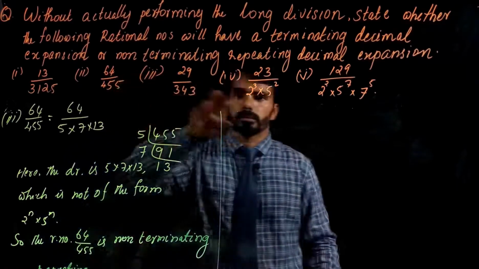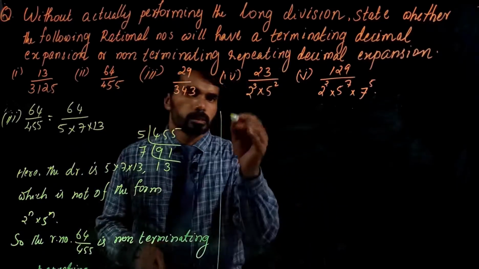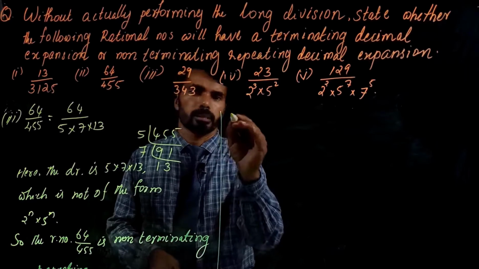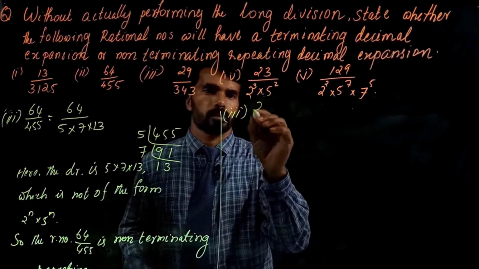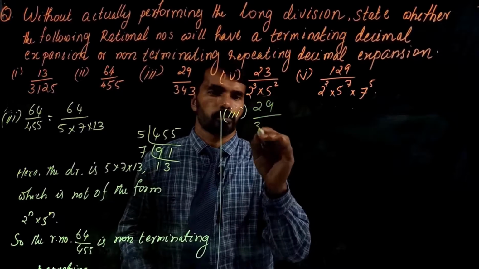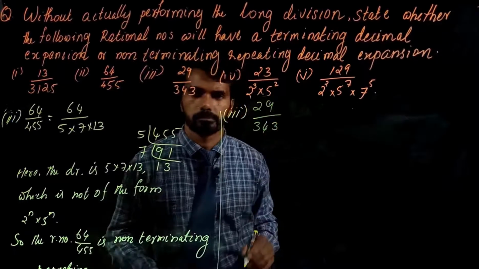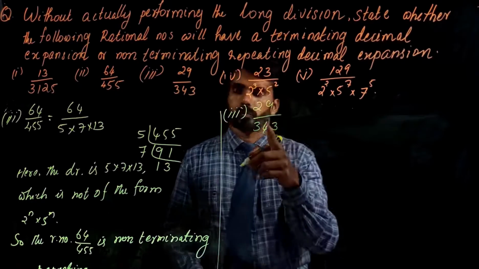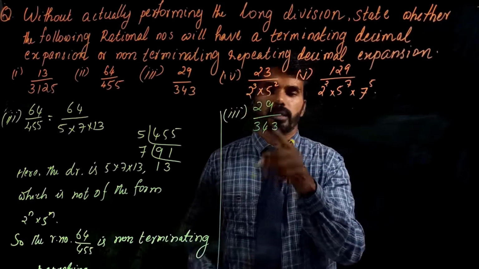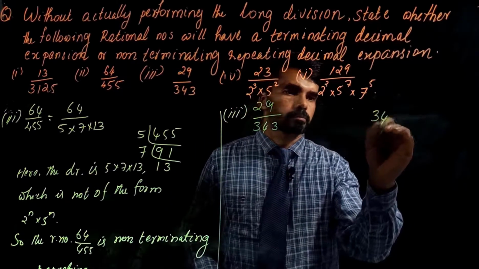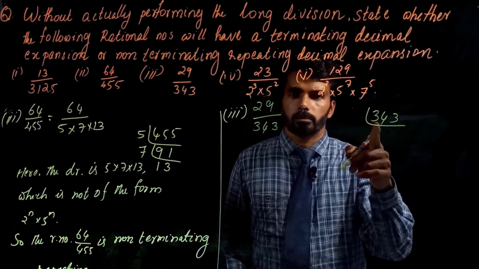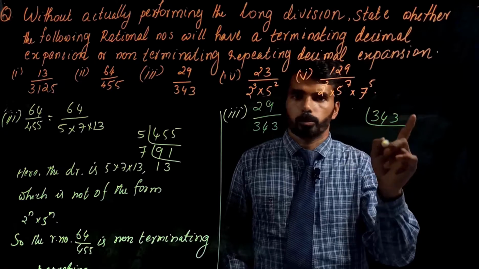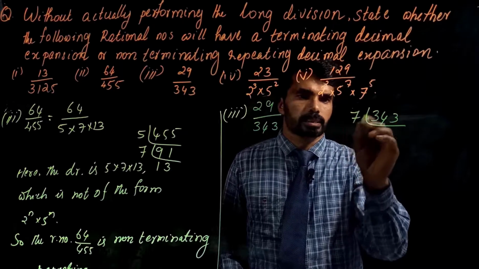Now let us check the third one: 29 divided by 343. So we have to find the prime factorization of 343. Let us check. By 2 not possible, 3 not possible, 5 not possible. Let us check by 7.